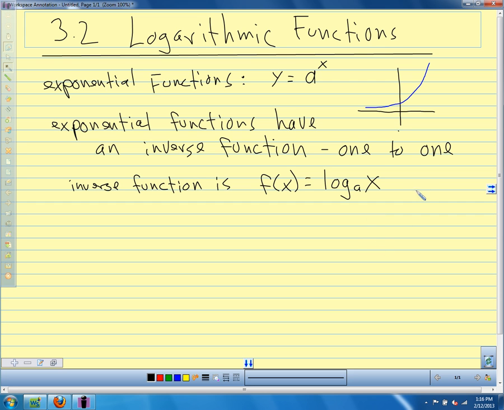And we're saying that x has to be greater than 0, so x is positive. And we're saying that a is greater than 0, and a doesn't equal 1.